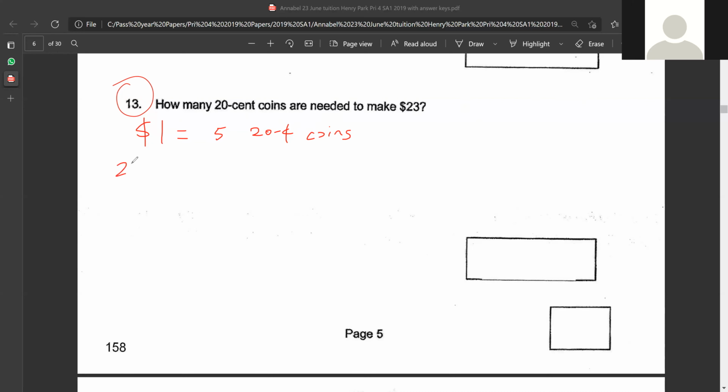So $23 will be how many 20-cent coins? 5 times 23. Good. Equal to how many?